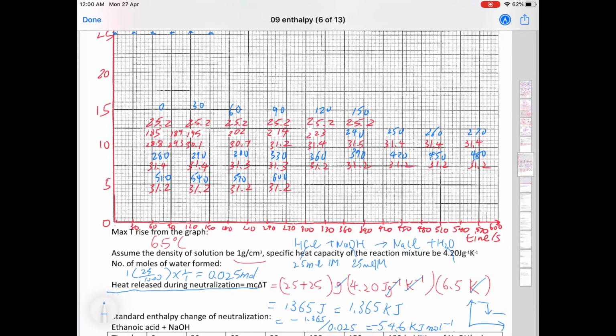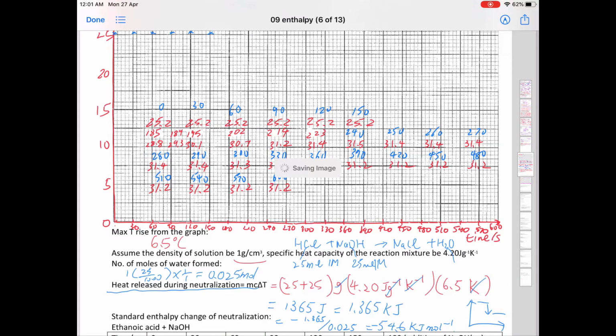So we must add back this negative sign to present the idea that the product side is a more stable species, and it is an exothermic process, and it is releasing heat to the surrounding. Can you get the idea?